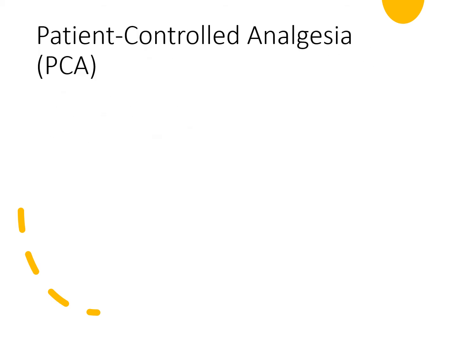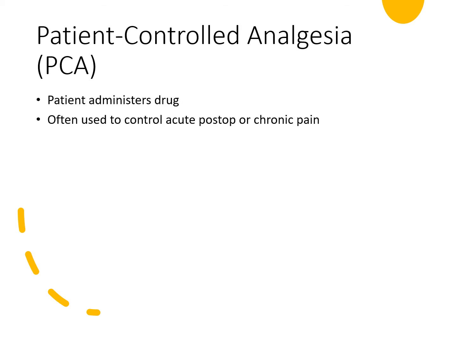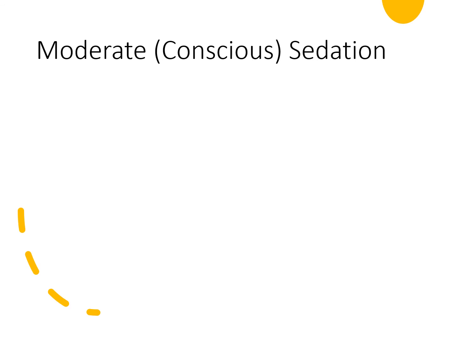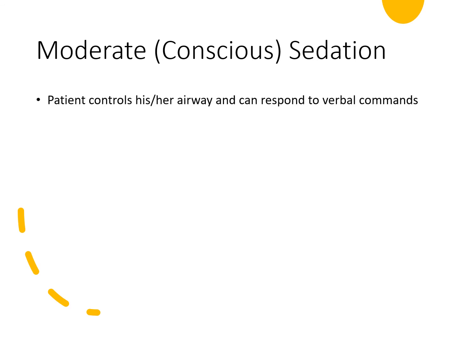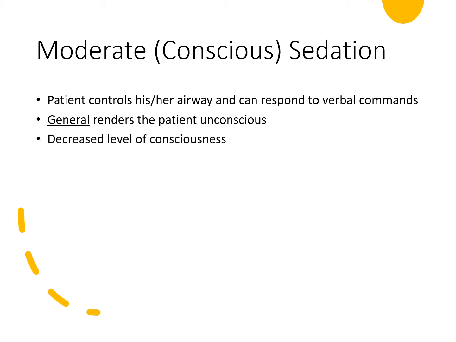We also have patient-controlled analgesia, PCA, where the patient administers a drug and is usually used to treat acute post-op or chronic pain. Moderate or conscious sedation, the patient controls his own airway and can respond to verbal commands. He is conscious, but there is a decreased level of consciousness.